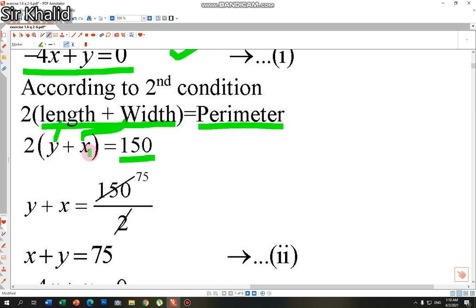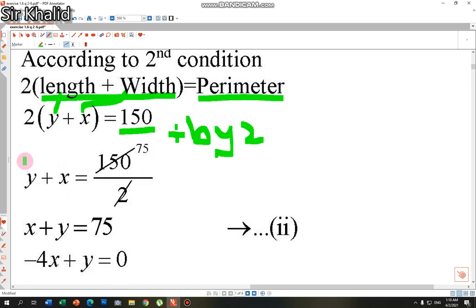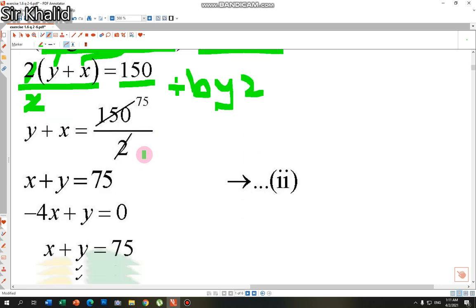So twice of length plus width is equal to 150. That's called the perimeter. Now divide by 2 on both sides. On the left-hand side, 2 will be cancelled. 2 7s are 14 and 2 5s are 10.